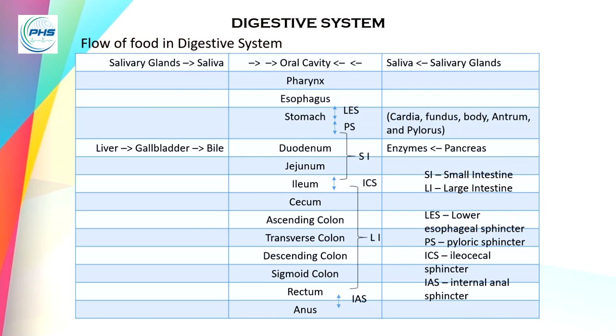It is in the small intestine that most of the digestion and absorption of food takes place. The small intestine is also called the small bowel. It's about 20 feet long and about an inch in diameter. It is made up of duodenum, jejunum, and ileum.